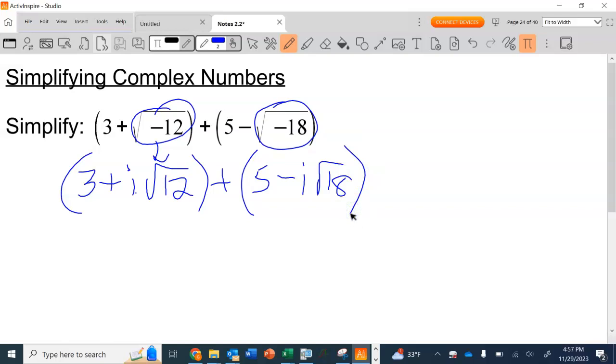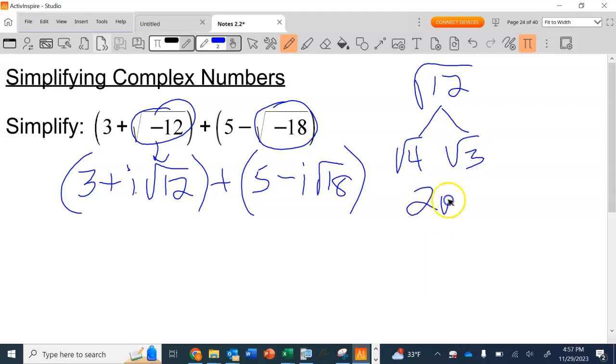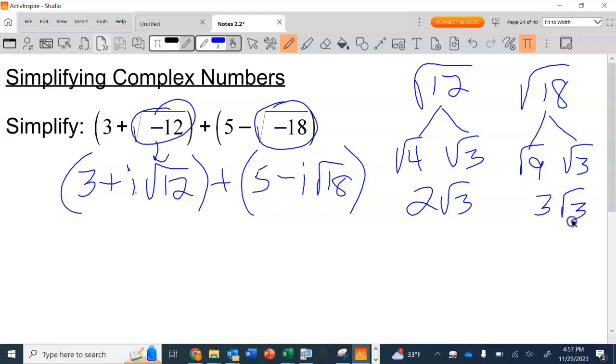When we talk about simplifying, we want to simplify the square roots first. Just putting this off to the side, remember the square root of 12 would be the square root of 4 times the square root of 3, which simplifies to 2 root 3. And the square root of 18 simplifies to the square root of 9 times the square root of 2, and the answer to that would be 3 root 2.